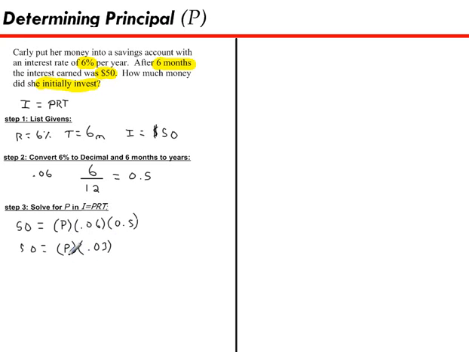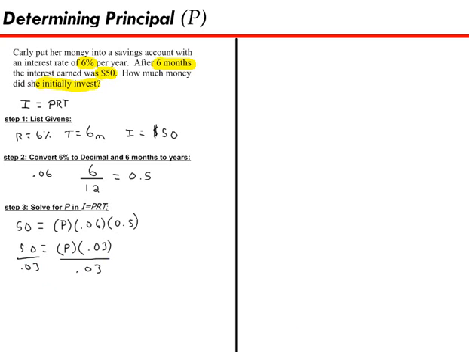I have a 0.03 here multiplying the P, and I want to isolate P, so the opposite of multiplication is division. I'll divide both sides by 0.03. 0.03 over 0.03 will cancel, and I'll be left with P equals 50 over 0.03.